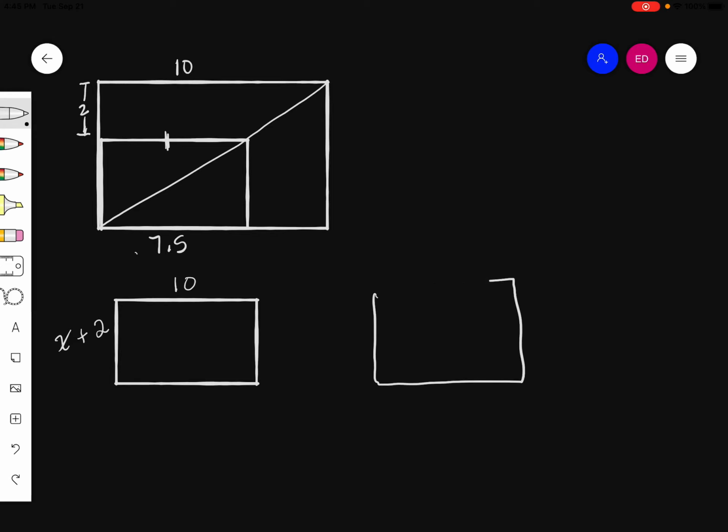Then the smaller rectangle is going to be 7.5 and x. Our side length is x. Now, it's important to note that when you're using proportionality, you use the side lengths proportional to each other.